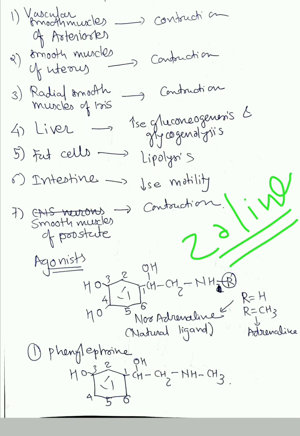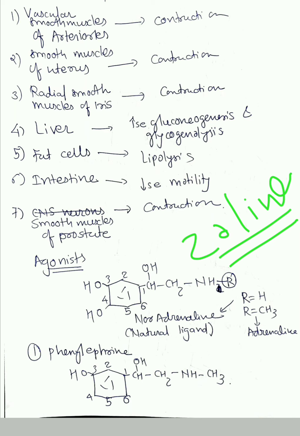I'll tell you the significance later, but try to remember that alpha 1 agonist means zoline series. When I say series, it means the drug's name will most probably end with zoline. So try to remember it that way. Alpha 1 agonist, zoline series.